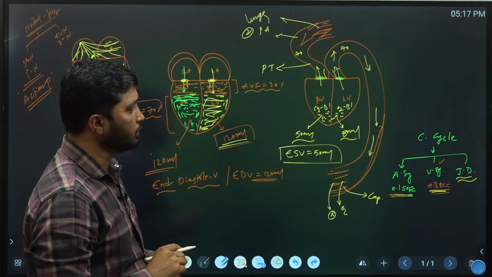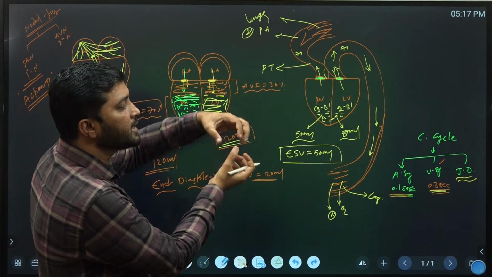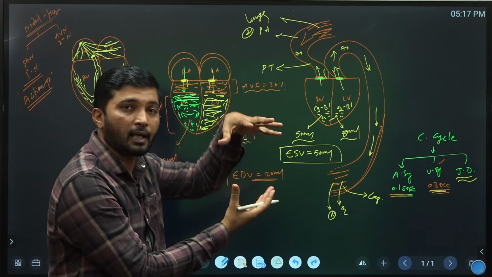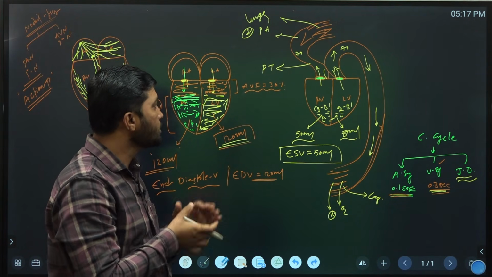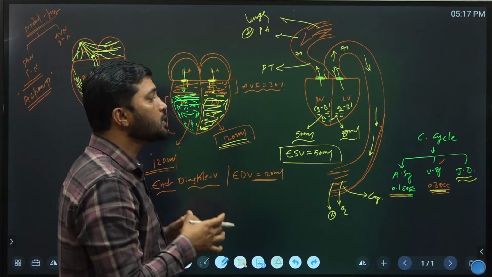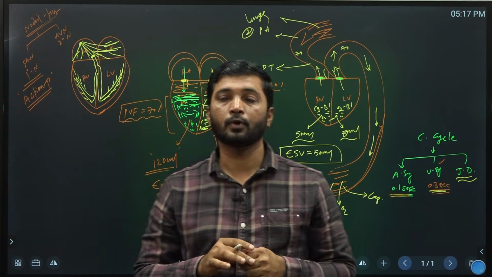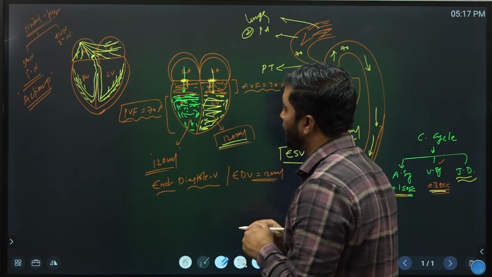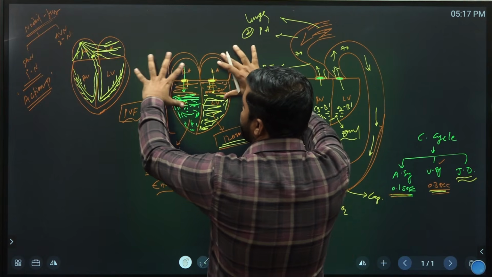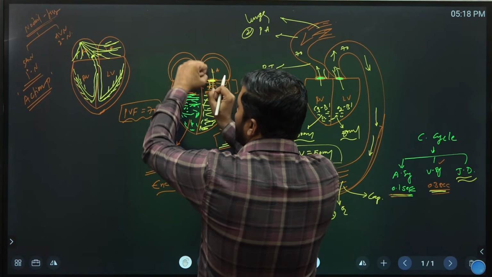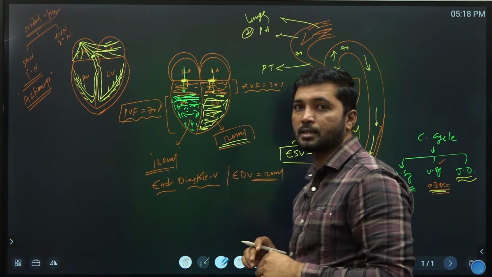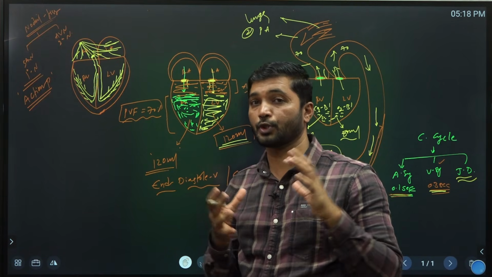Joint diastole, right, is nothing but all the muscles coming back to the relaxed state, okay. Due to the absence of the action potential, all the heart chambers come back to the original state, that is the relaxed position.